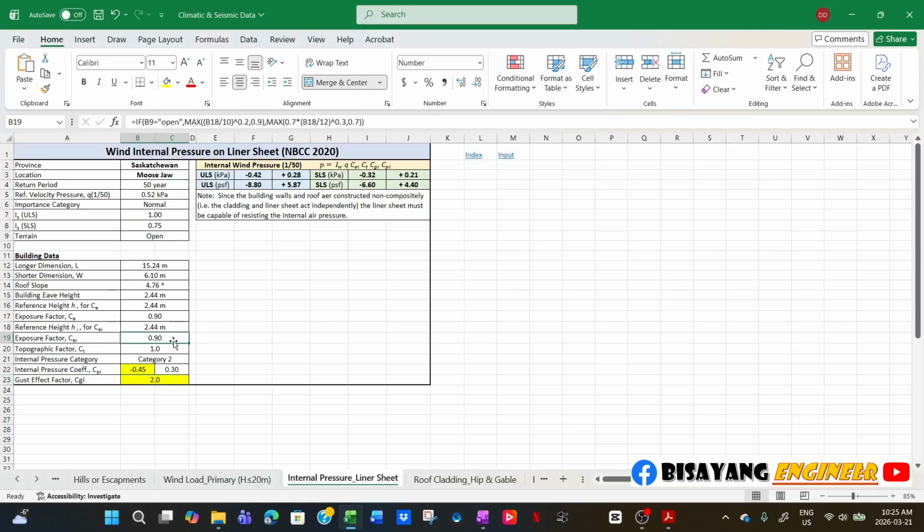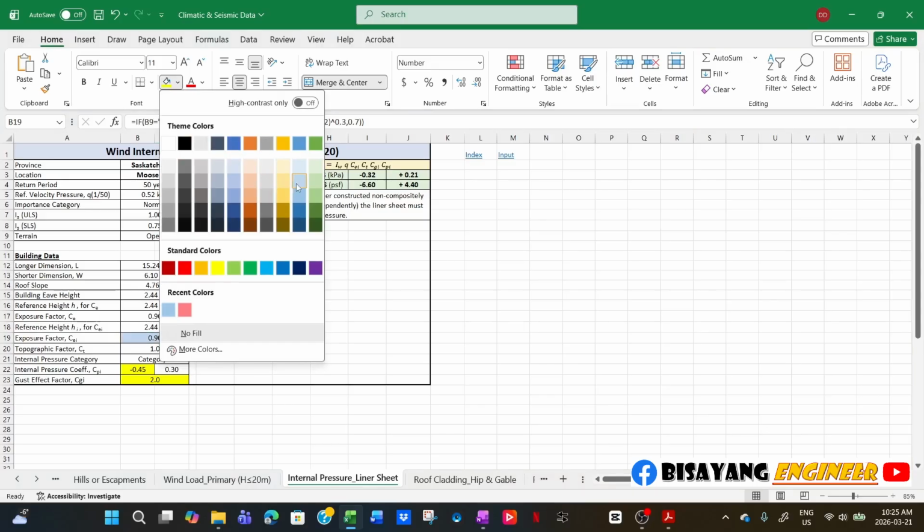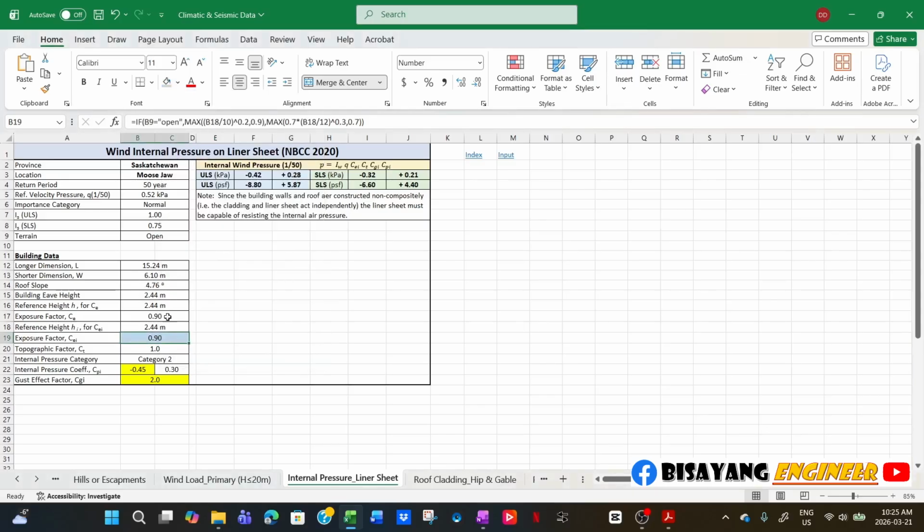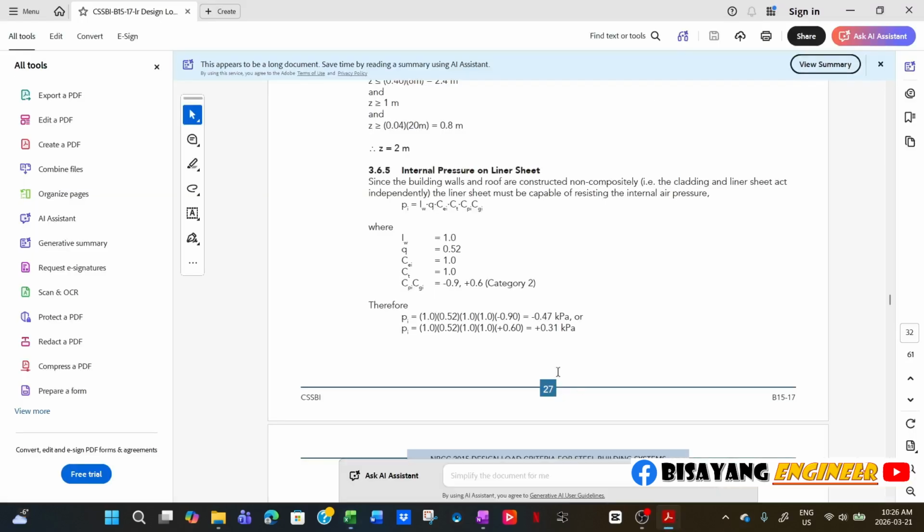So like I said, in the calculation he uses 1, but on this one I have 0.5, so I will just highlight that these values were changed. If we change this to 1, we should get the same answer, 0.47 and 0.31, the same as this one here.